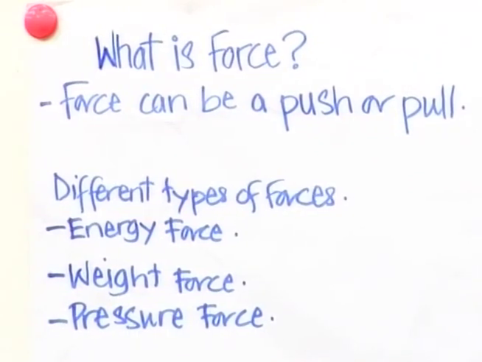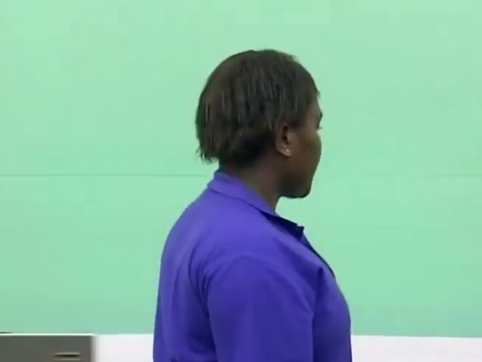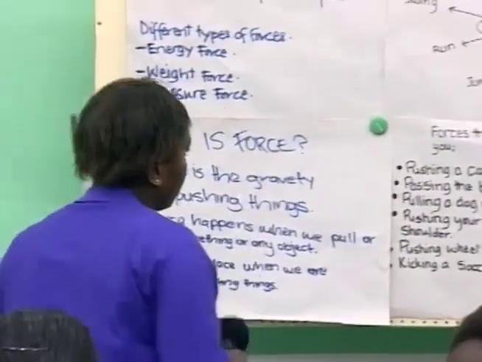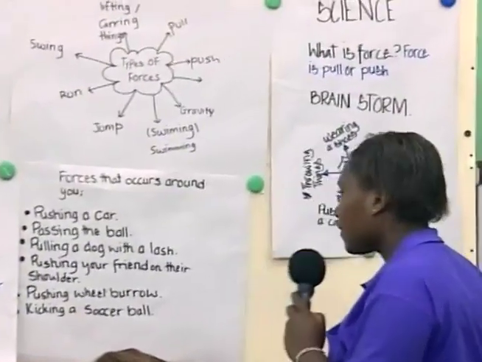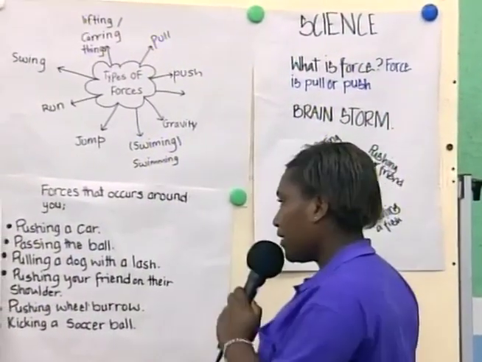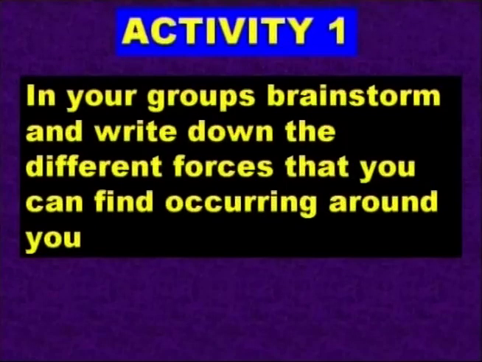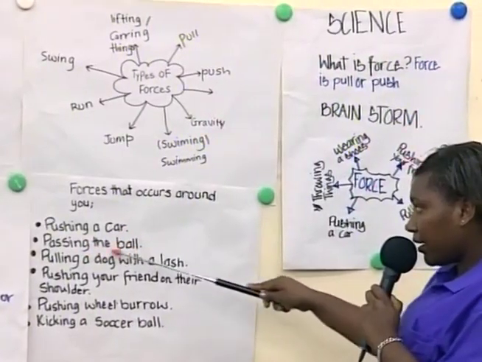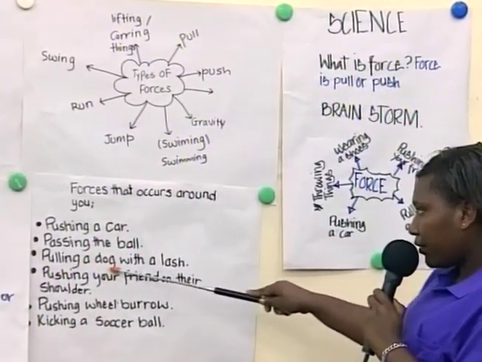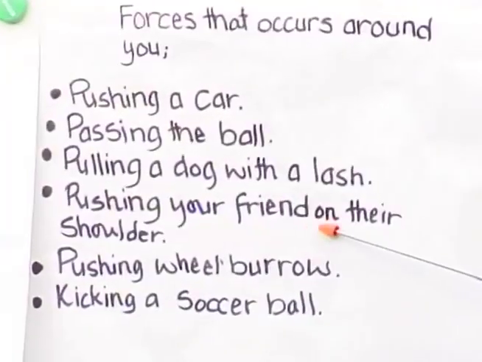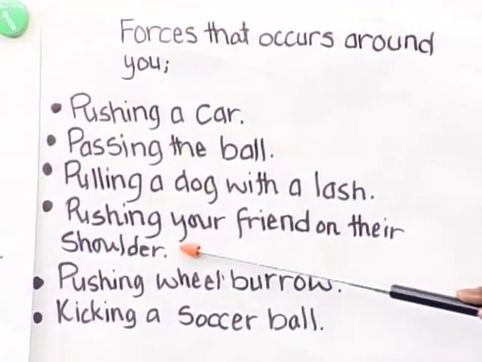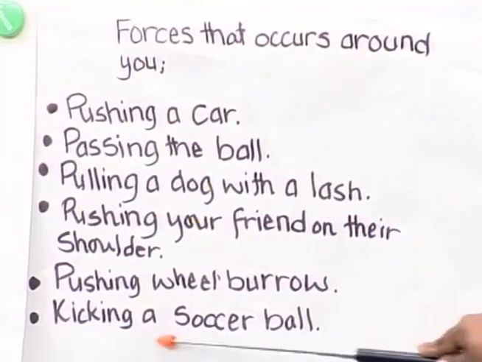Okay, we are going to hear from Daisy, and Daisy will take us through what her group has come up with. Forces that occur around you: pushing a car, passing a ball, pulling a dog with a leash, pushing your friend on the shoulder, pushing a wheelbarrow, kicking a soccer ball.